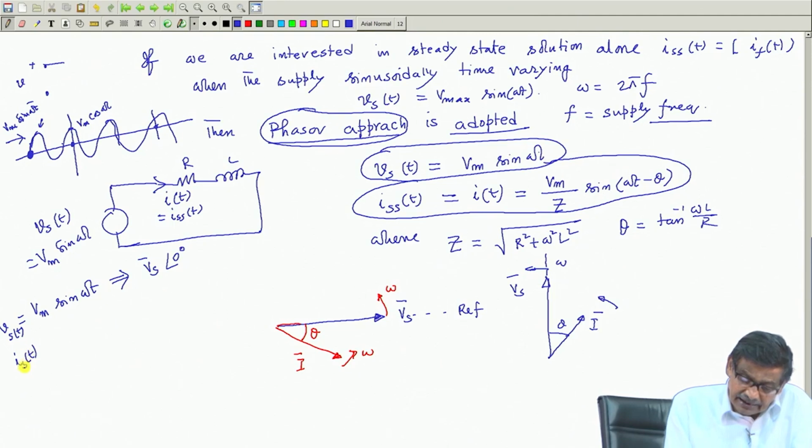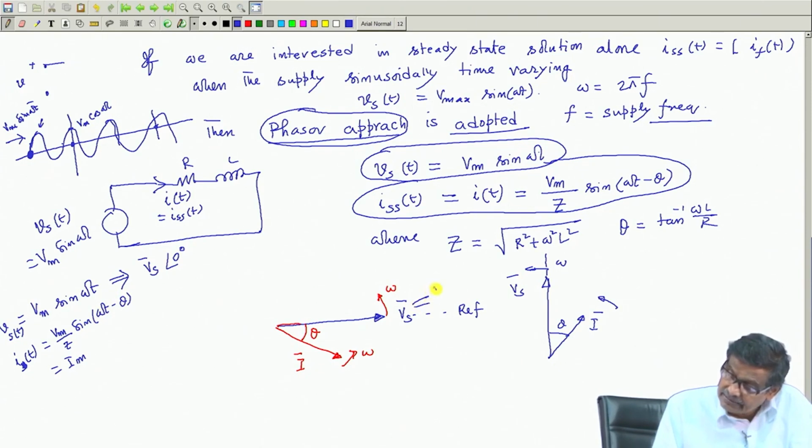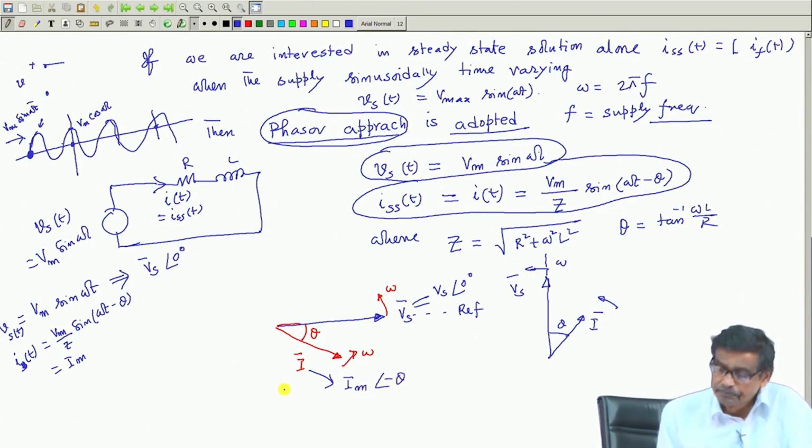The steady state current i_ss is equal to Vm by Z, that is Im into sin omega t minus theta. Then if you represent this as Vs angle 0 degree, and this as Im angle minus theta, it is lagging. Now, this is one way of representing.